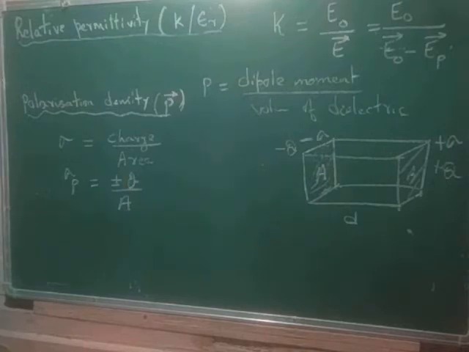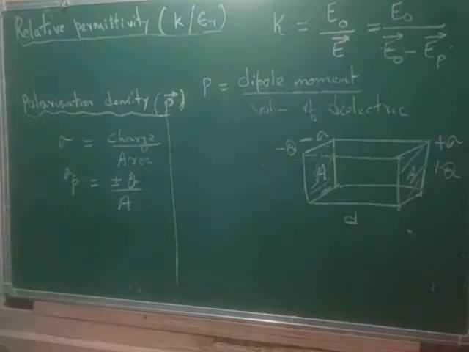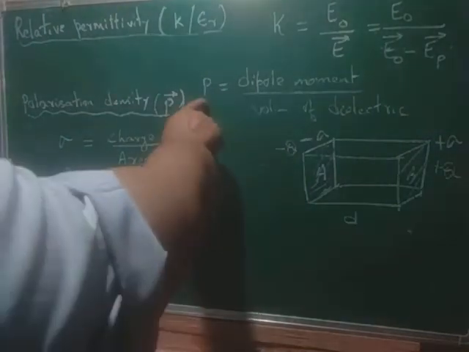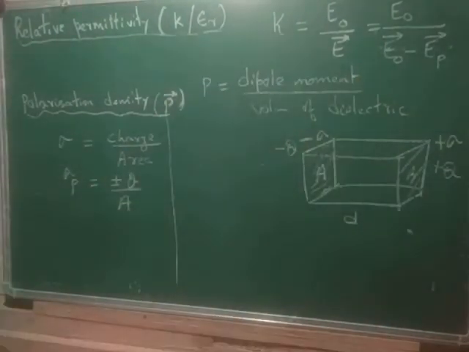Now I want to express the polarization density. As you know, it is equal to the dipole moment upon the volume of the dielectric.